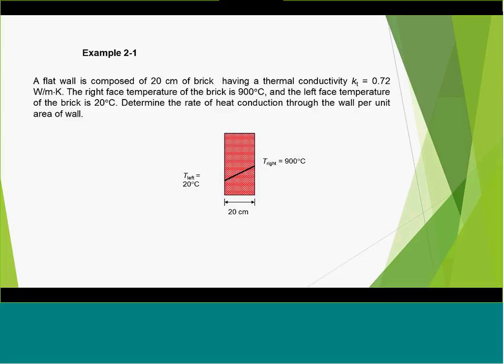Let's say that a wall is composed of 20 centimeters of bricks having a thermal conductivity k of 0.72. The right face temperature of this brick is 900 degrees Celsius, and the left face temperature is 20 degrees Celsius. You need to determine the rate of heat conduction through the wall per unit area of wall.